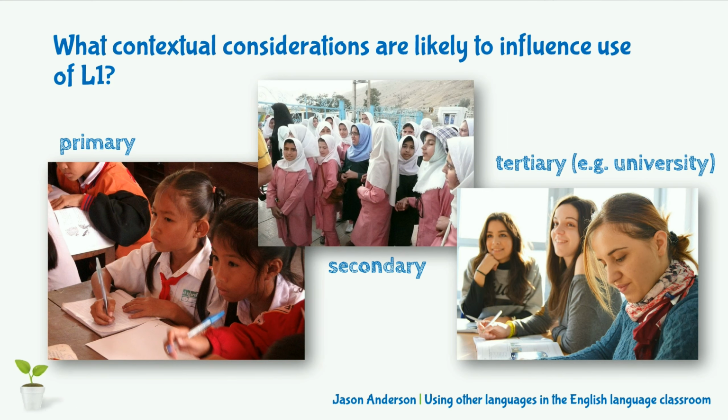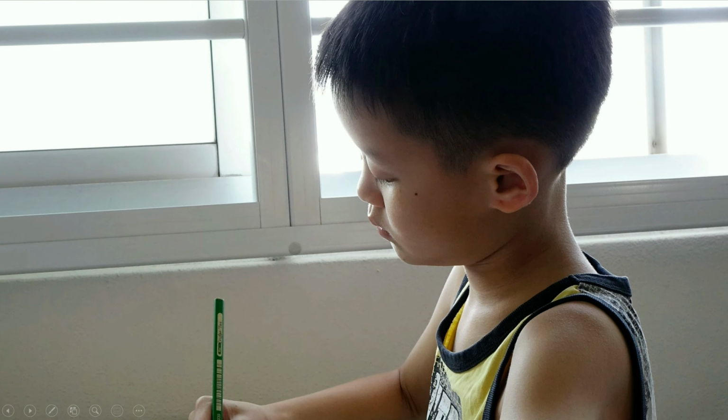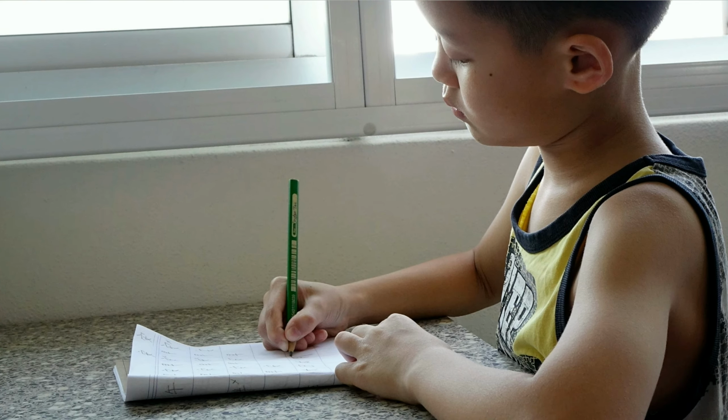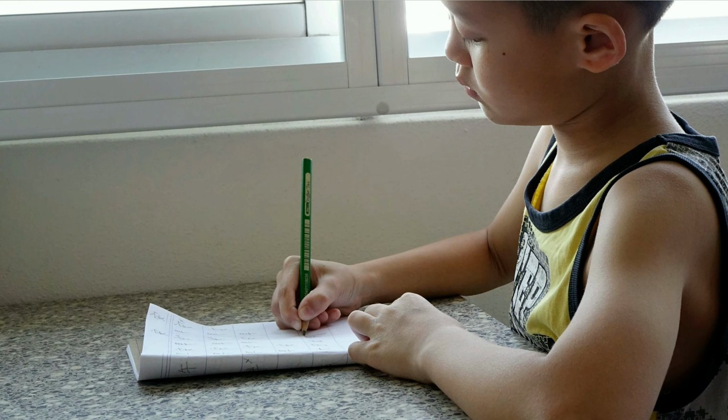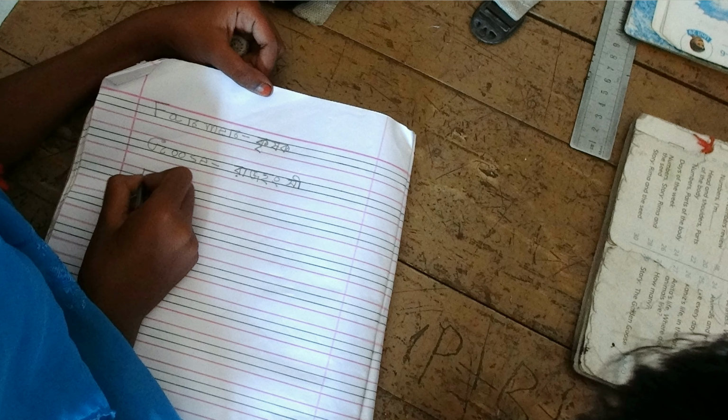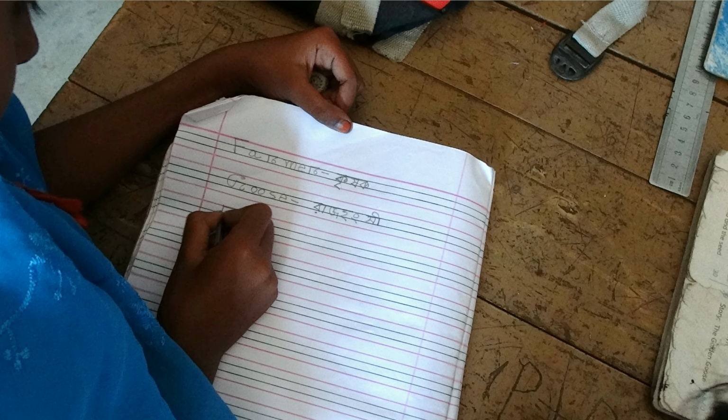Another very important contextual consideration is the learner's age and educational context. Younger learners, particularly in mainstream primary education, are often facing challenges of initial literacy, both in their L1 and other foreign languages like English. Drawing upon their known resources, including the L1, will often be necessary to support the development process.